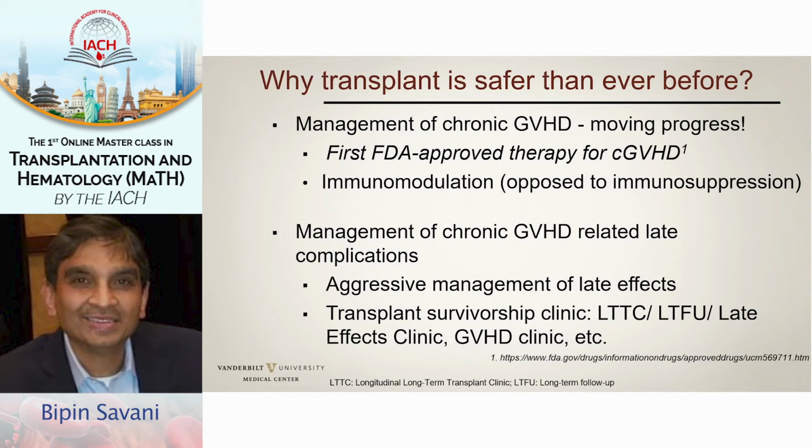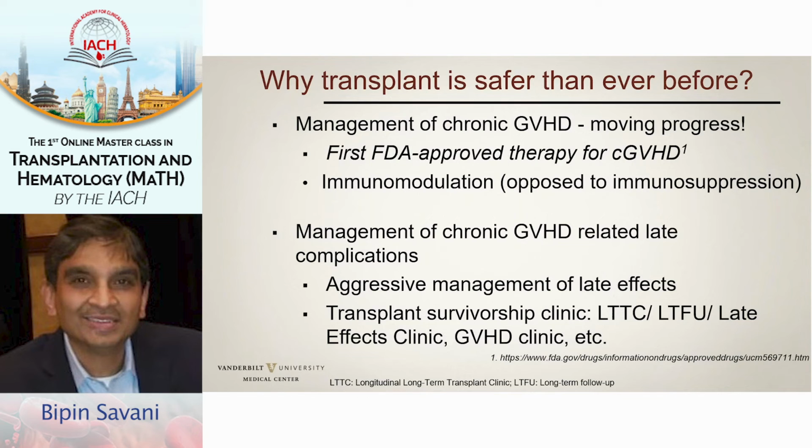Other than smartness, the main reasons are reviewed here. Number one is management of chronic GVHD, moving with progress. We got the first FDA approved drug for chronic GVHD, and I expect a second drug soon. We had lots of good discussion at the last TCT meeting. And we also reviewed those novel drugs potentially getting approval soon, hopefully, in our IACH webinar last month when we summarized the TCT summary.